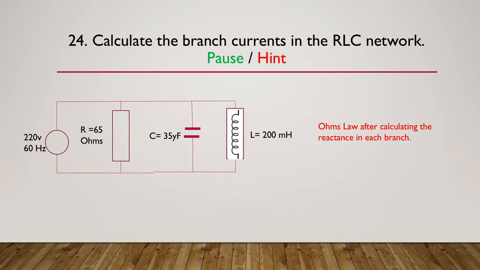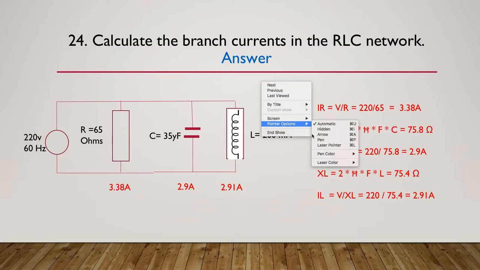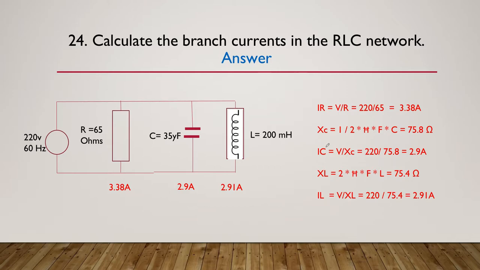Okay, let's now continue on with the answers. For the resistor, you don't have to work out the impedance, because the impedance in the branch of the resistor is the resistance.